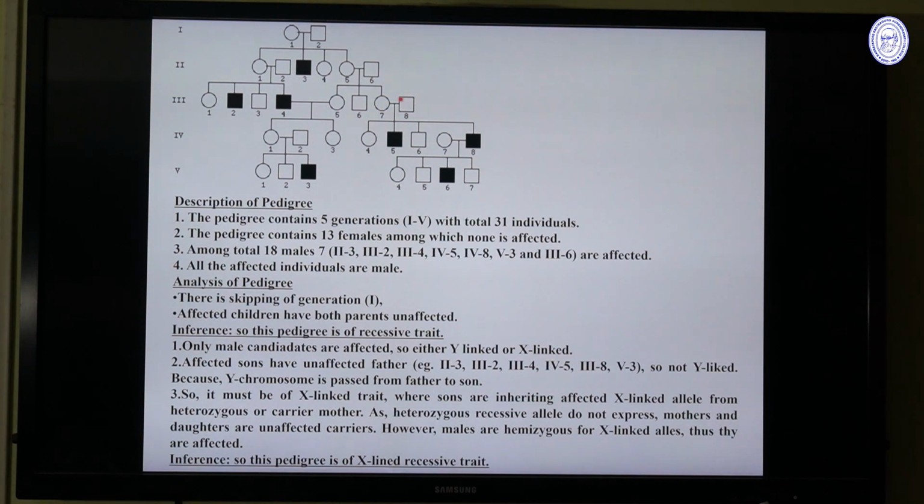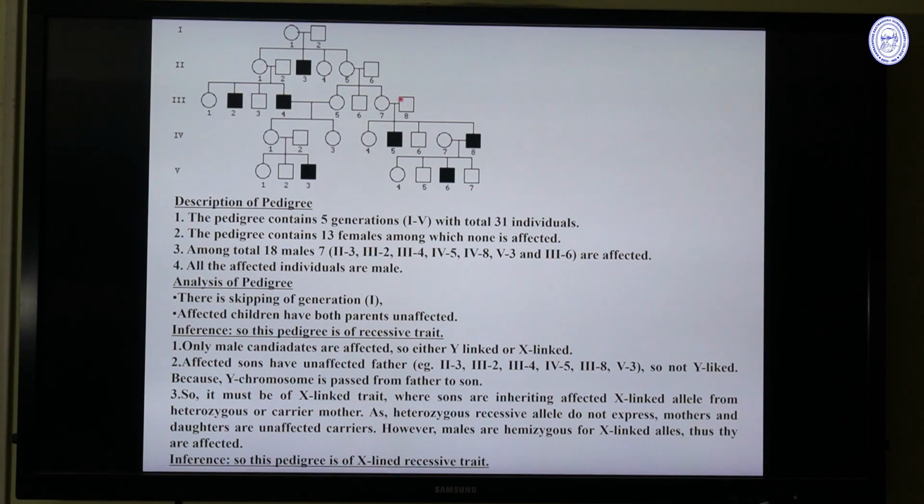Why? Because you can see that all the affected sons have an unaffected father, that is 2, 3, 3, 2, 3, 4, again 4, 5, 4, 8, again 5, 3, up to that.